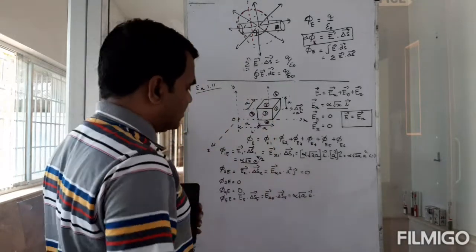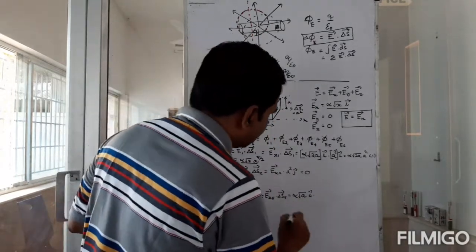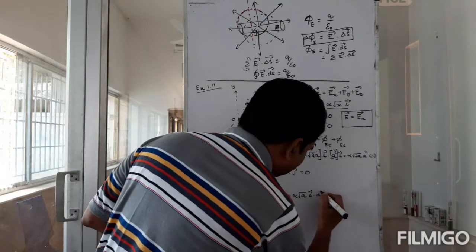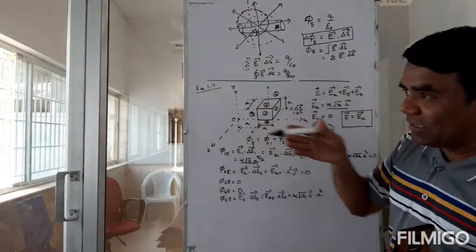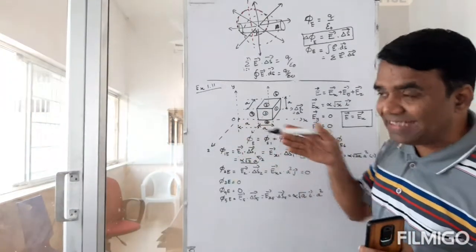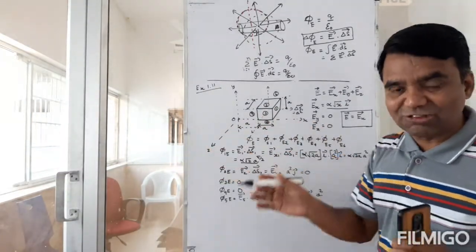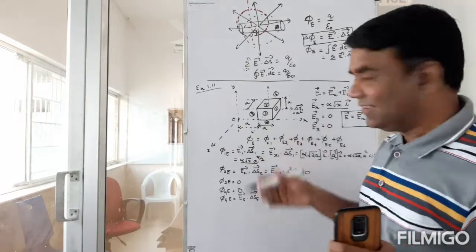And what about the surface now? Delta S phi is going to have A squared as the magnitude, and the normal is going to be in the opposite direction, so it's in the minus I direction, not in the I direction.